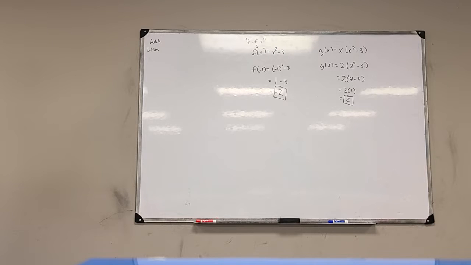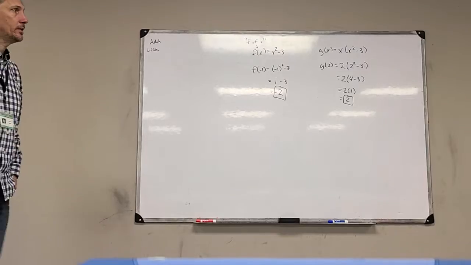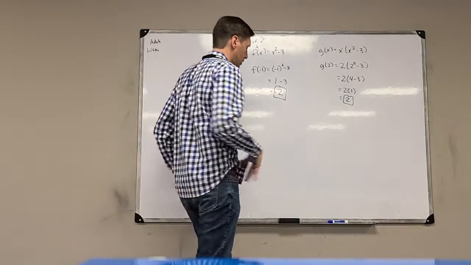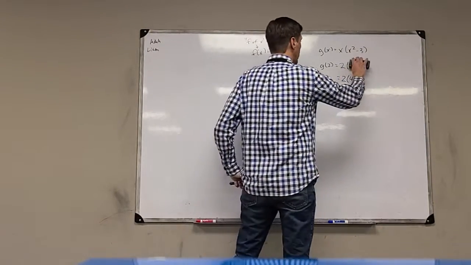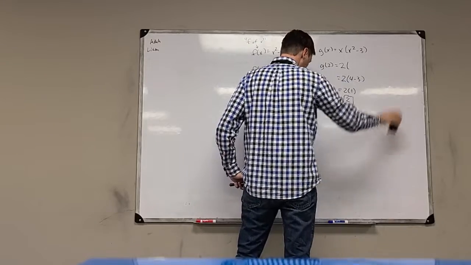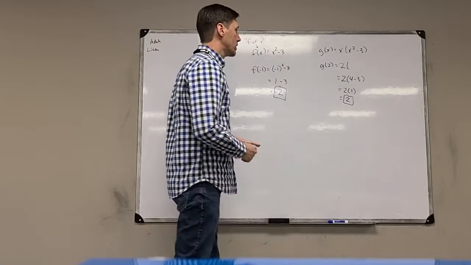Does that make sense? Now, what I would recommend doing, and I didn't follow this practice here, so let me show you. I would recommend always, wherever you see the x, putting the number 2 initially in parentheses. It didn't matter here, and so that's why I didn't do it, but sometimes it does matter.